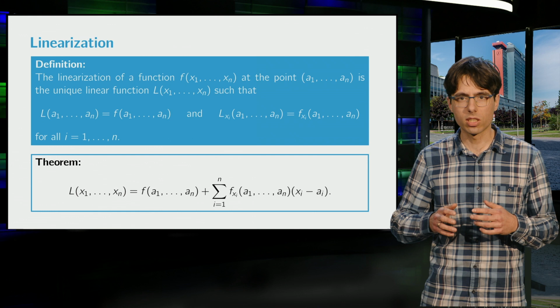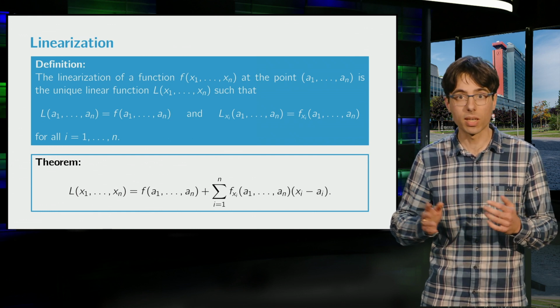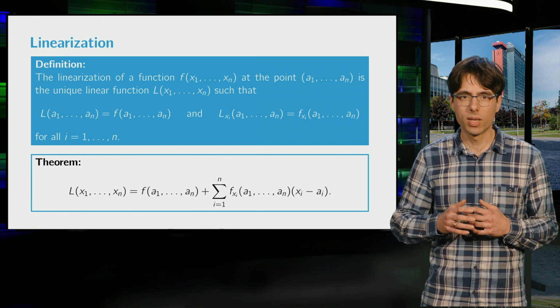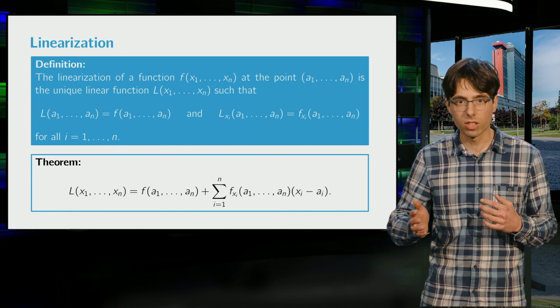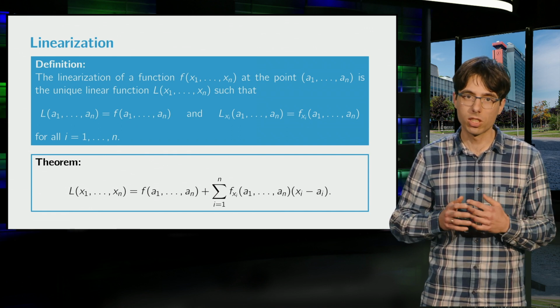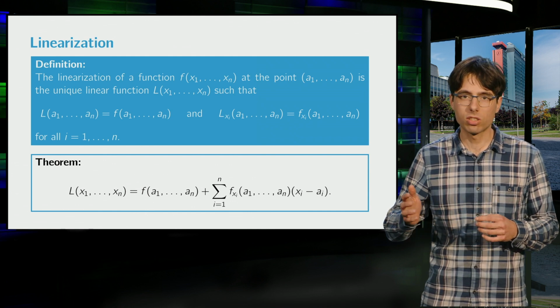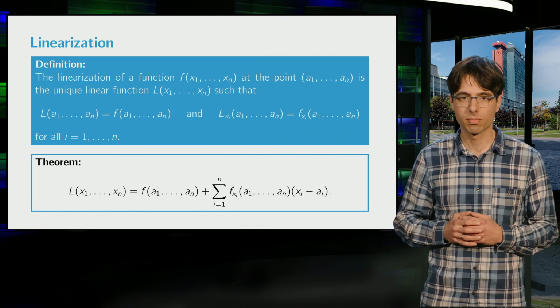Instead, let's note that the defining quality of the linearization mentioned above does still make sense. So if we consider a function of more than two variables, we can still consider the unique linear function that has the same function value and the same partial derivatives at a particular point. This leads us to the definition of a linearization as you can see on the slide.